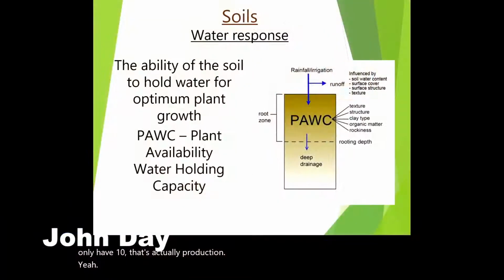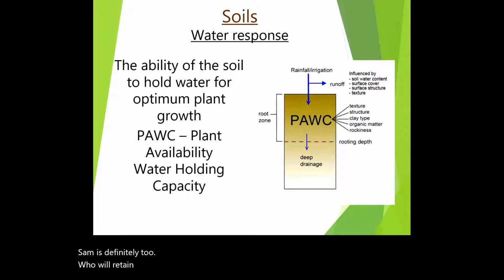But if we go back a step and look at soils, it's the engine room of all our production systems. So, as Jeff alluded to, soils retain water. Water grows grass. So, what is the plant available water capacity, as the jargon says, for different soils, and what can affect that?